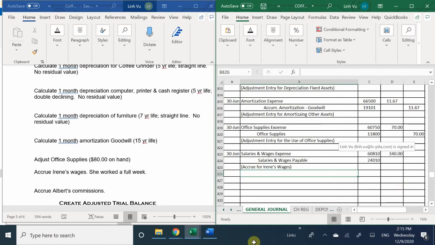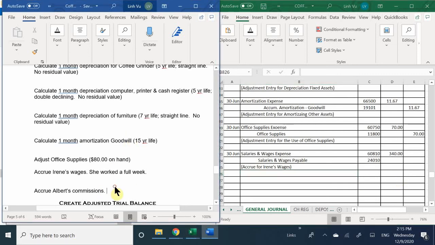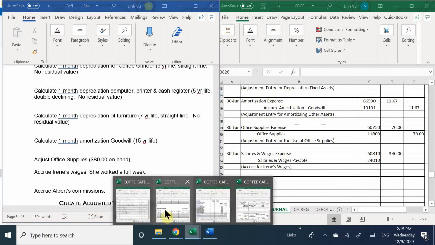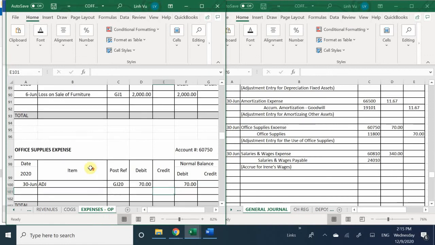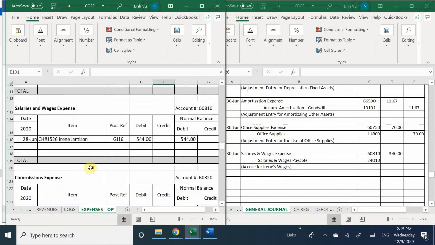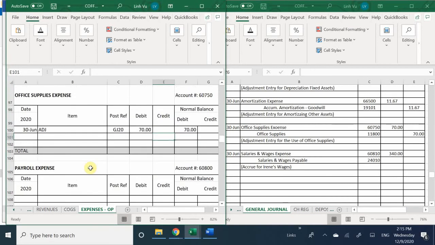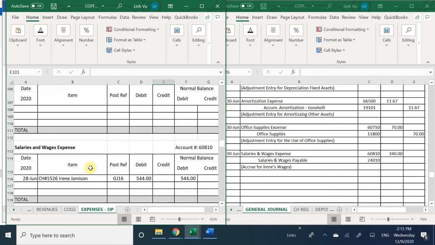All right. And then we put them in the ledger. Okay, so ledger. Under payroll, which should be right under office supplies, payroll. Here's my salaries and wages expense for 630.